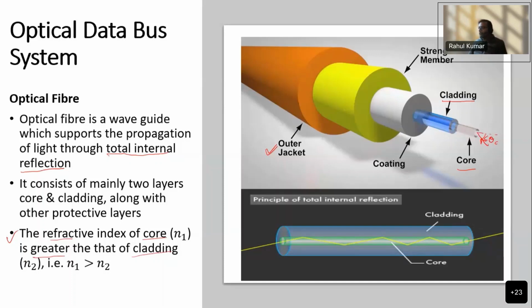So these two things allow the light to propagate inside the core by total internal reflection.